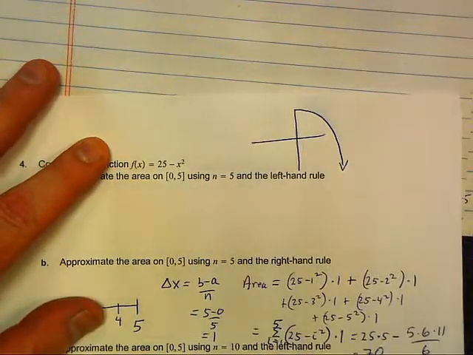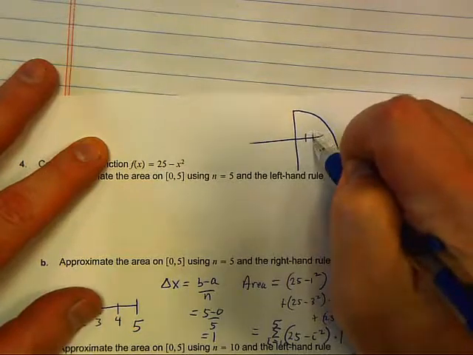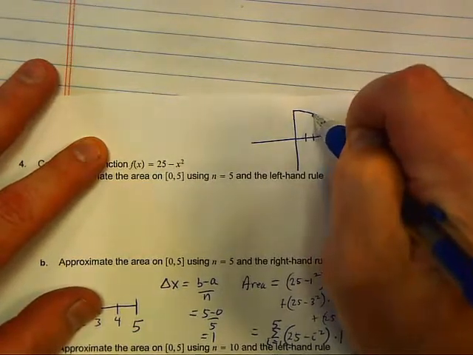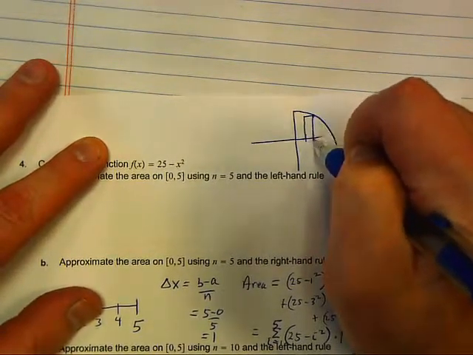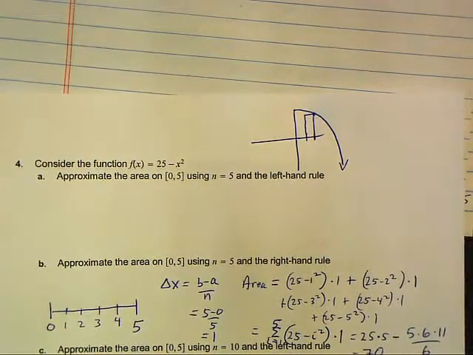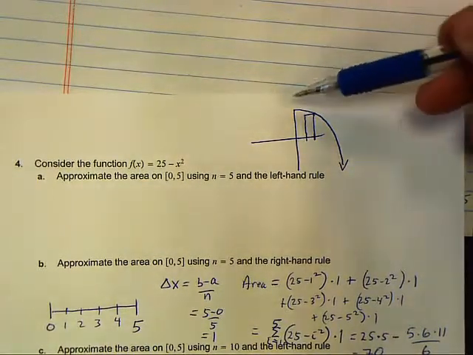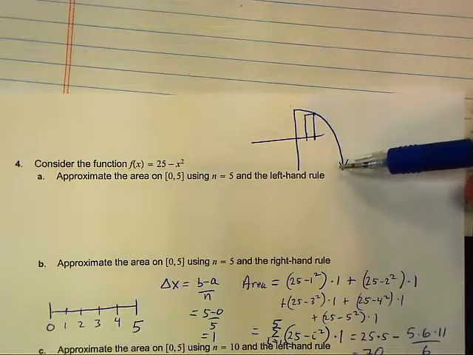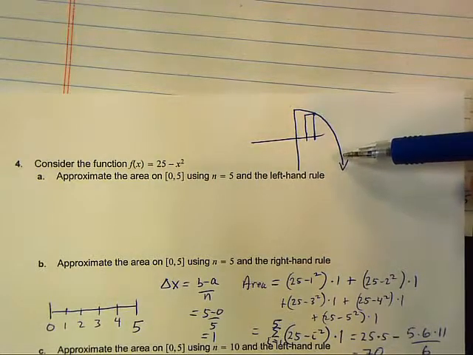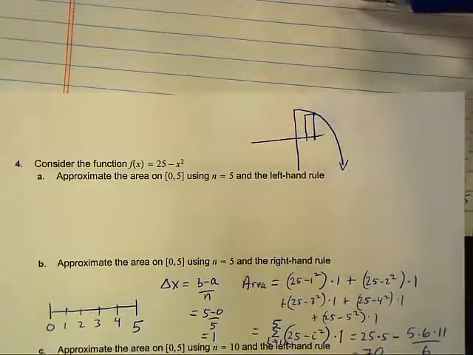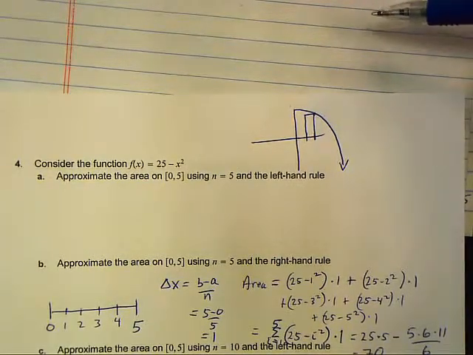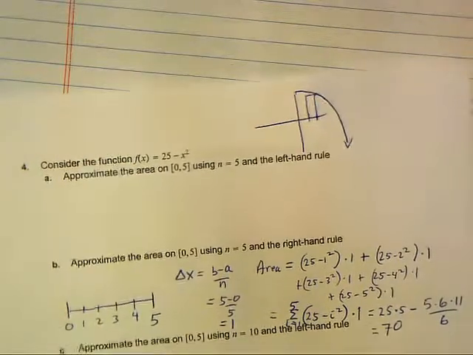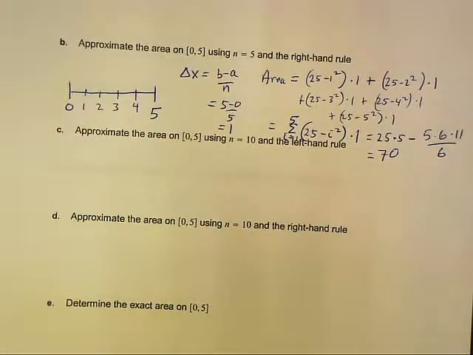If I build my right-hand rectangle, it is going to be too small. So if your function is decreasing, the right-hand rectangles will be too small. If your function is increasing, they will be too big. You don't really need to know that. All you needed to know was that your estimation was 70.